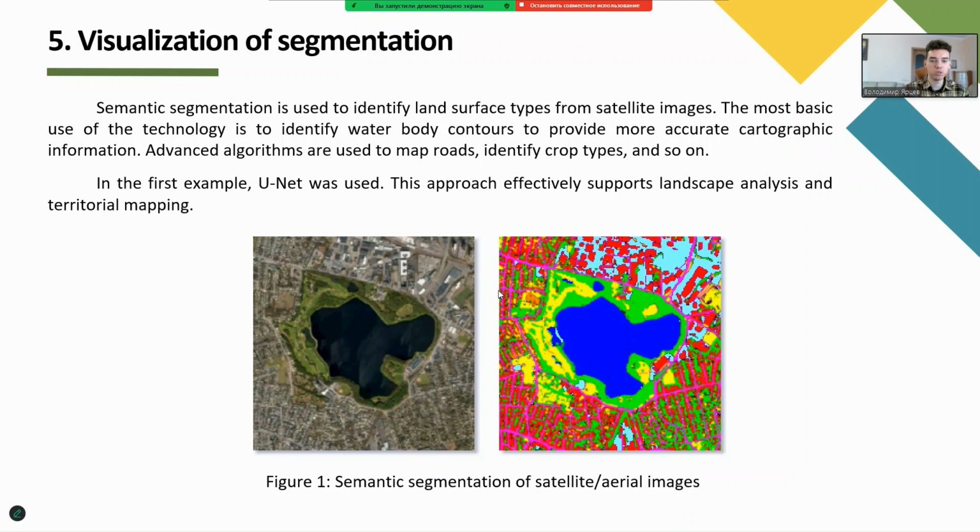The most basic use of the technology is to identify water body contours to provide more accurate cartographic information. Advanced algorithms are used to map roads, identify crop types, and so on. In the first example, UNet was used. This approach effectively supports landscape analysis and territorial mapping.